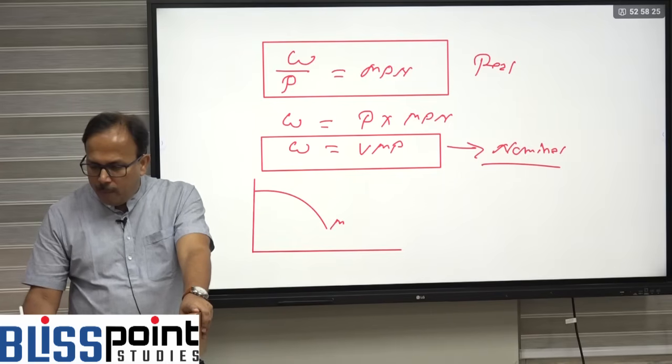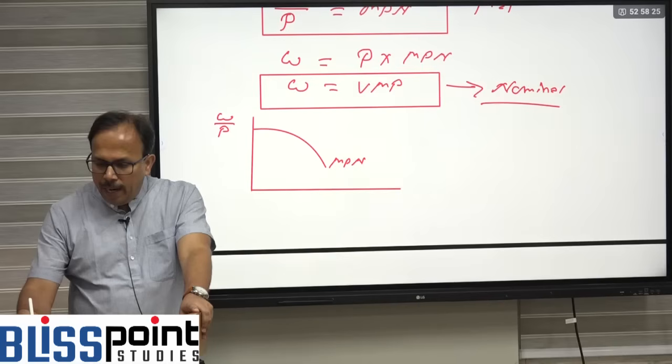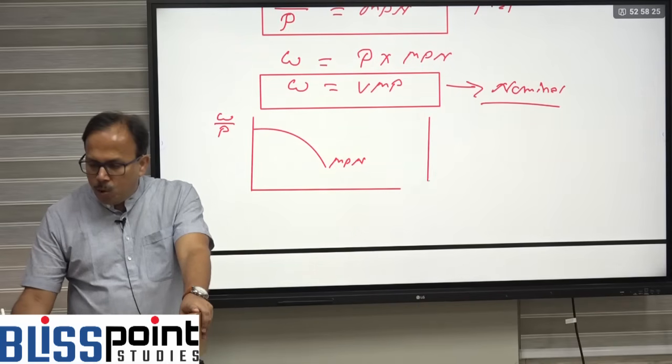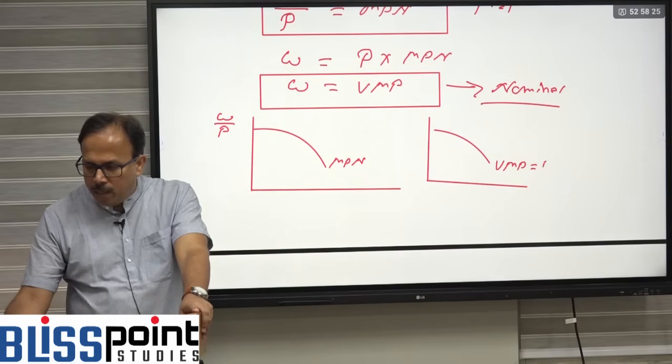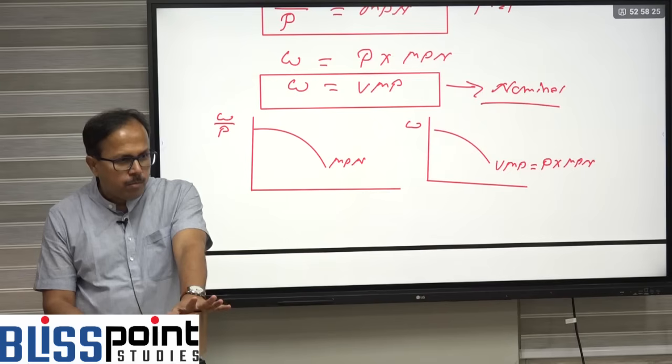When I write the MPN, on axis you write W by P, and if you draw the VMP, meaning P into MPN, then I will write here only W. ठीक है?